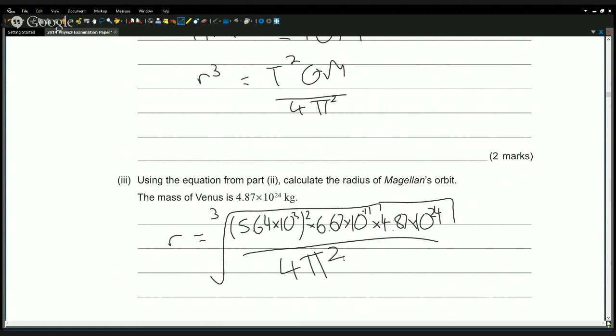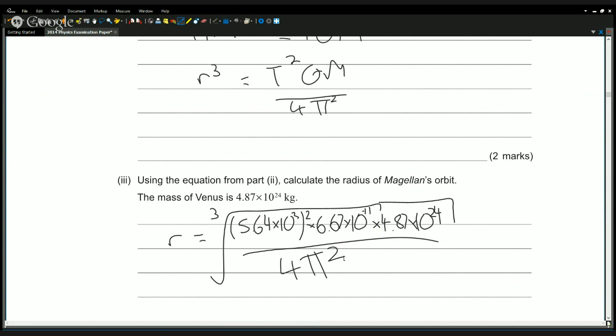At 5.64 E3 squared, times 6.67 E neg 11, times 4.87 E24, divided by bracket 4 pi squared, close bracket. And then take the cube root of that, so power of 1/3.